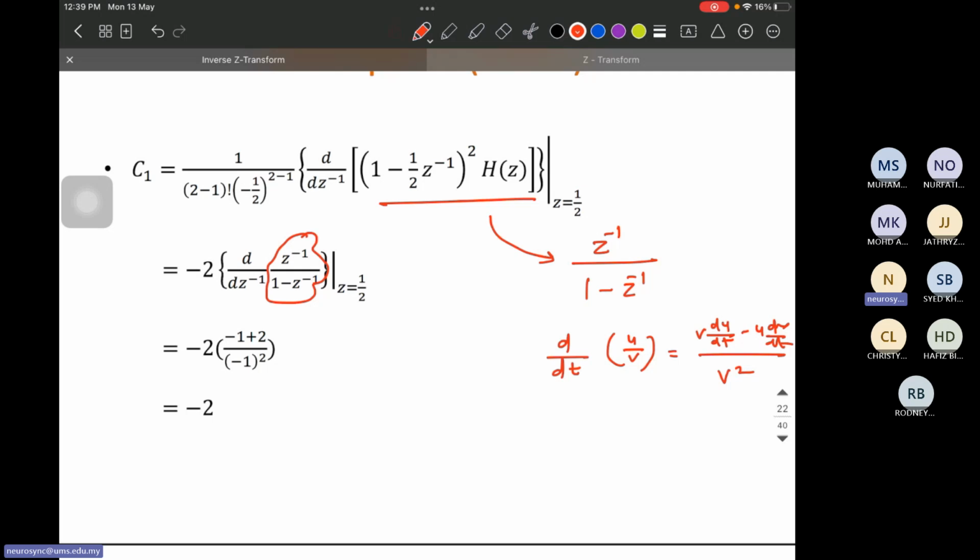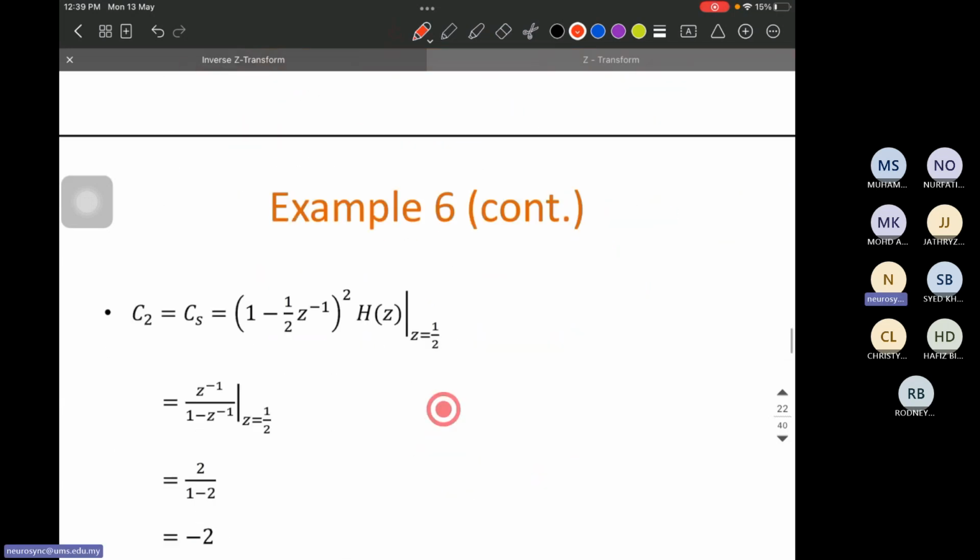Okay, this rule we will apply, and if you solve this and put z inverse equal to 2, you will end up with the answer C1 equal to minus 2. So we have found out the value C1 equal to minus 2.